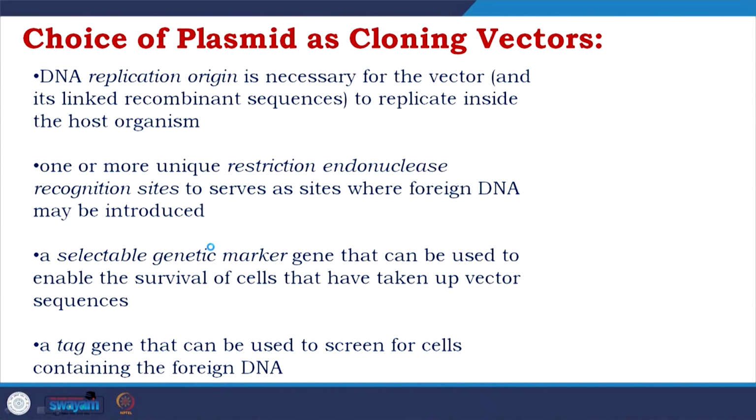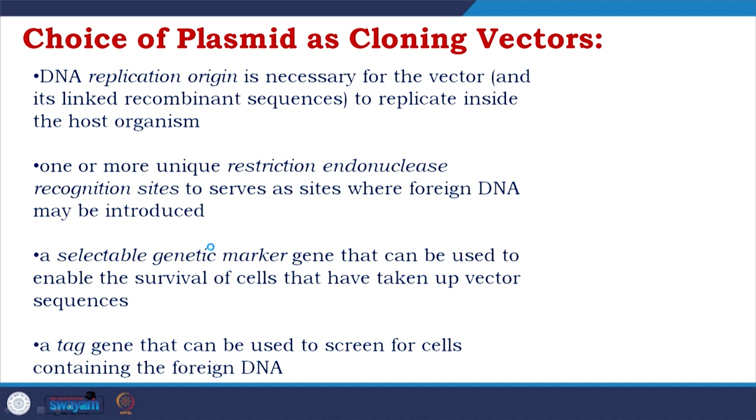So, that is the selection. If you have a wild type E. coli and your vector-containing E. coli, you grow them in ampicillin, and the vector-containing E. coli will survive, whereas the wild type E. coli would not survive. A tag gene can be used to screen cells containing the foreign DNA.